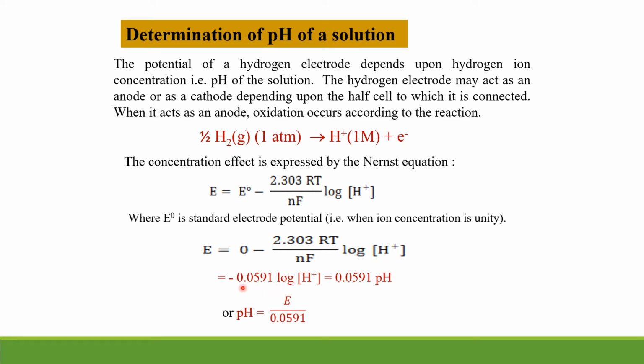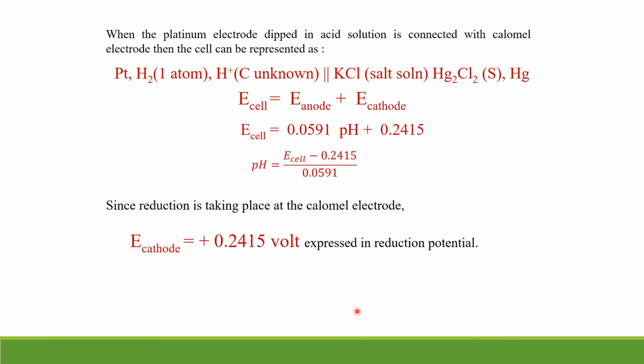But we know that negative logarithm of H plus ion concentration means pH. So the equation becomes E is equal to 0.0591 into pH. And so from this equation, we can determine the pH as E divided by 0.0591. That means if you measure the EMF of the cell, you can get the value of pH of that solution.